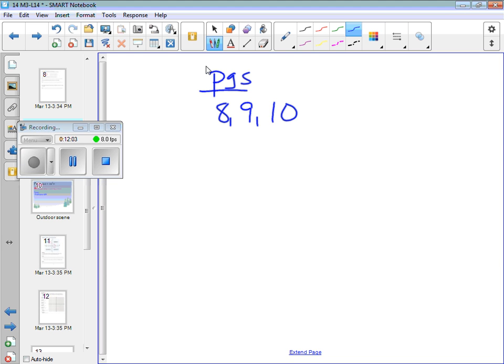Oh, I take that back. It's actually page 9 that wants to know what quadrant it is. Page 8 introduces the quadrants again, which we've done already, so it should be just a review. And then number 9 just wants you to list the quadrants. So just getting familiar with those quadrants. So group up and go. You have about 5 minutes. You can get at least 2 pages done, possibly all 3.